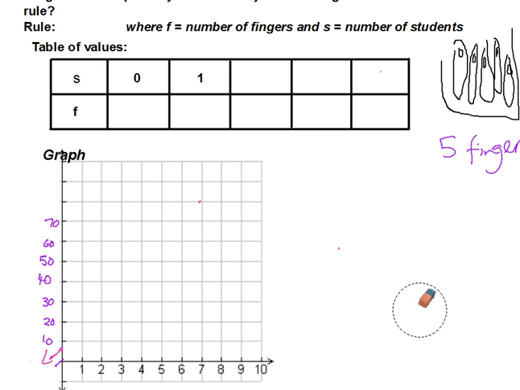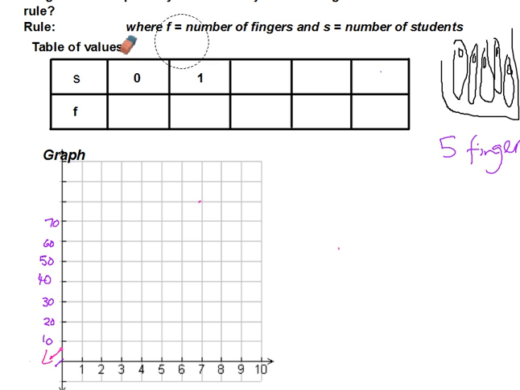Just this jar of 5 fingers. Let's say I'm a bit of a Dexter. What would happen then to the rule that would describe the relationship between the number of fingers in the room and the number of students in the room?